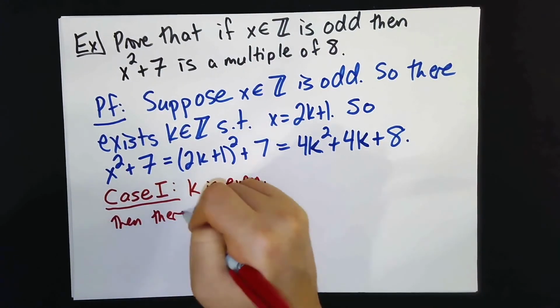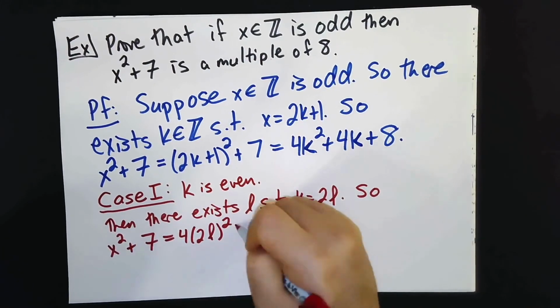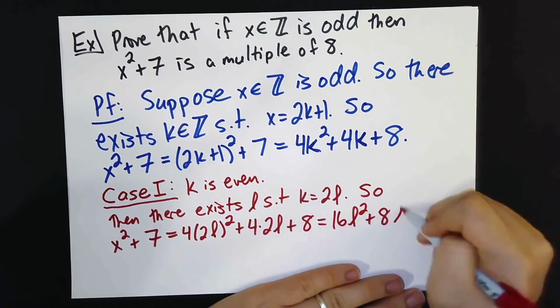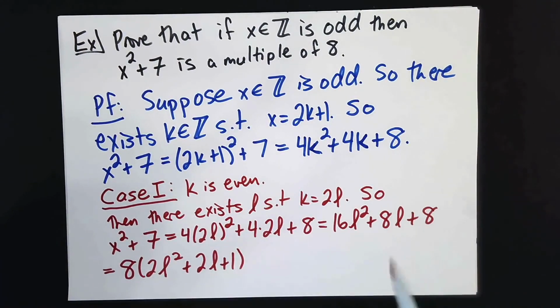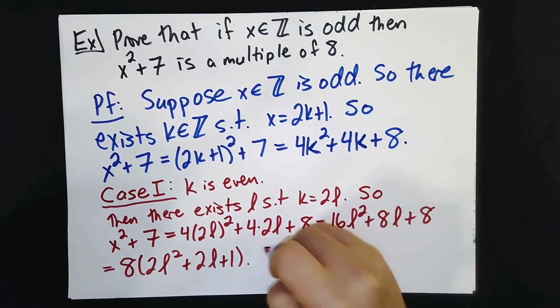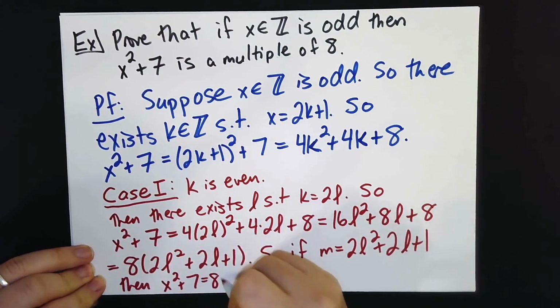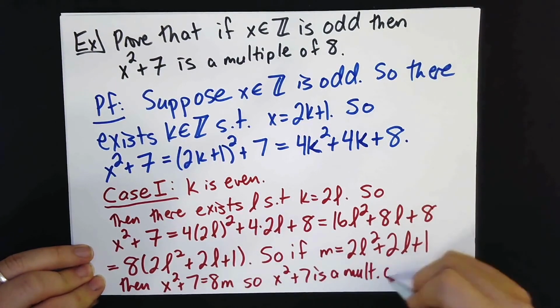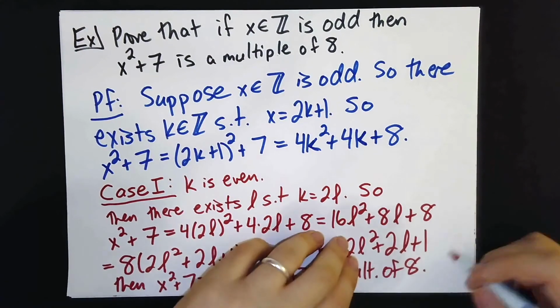You churn through some algebra. And look at that. That's what we were looking for. A big algebra expression that I can factor an 8 out of. And great, that goes ahead and gets us that case.